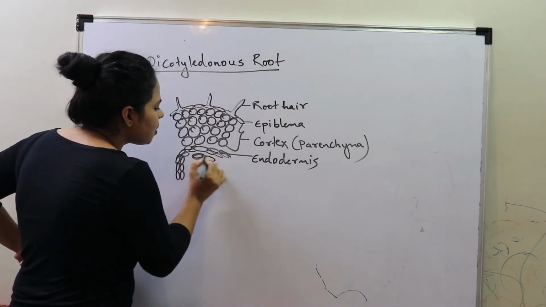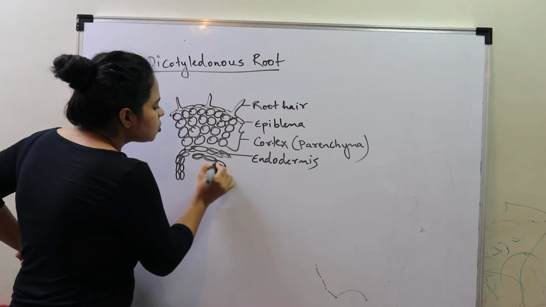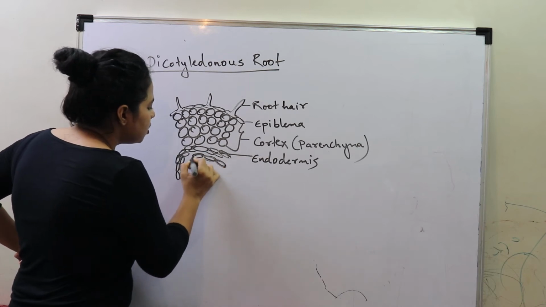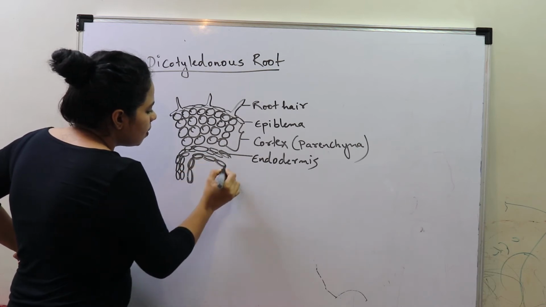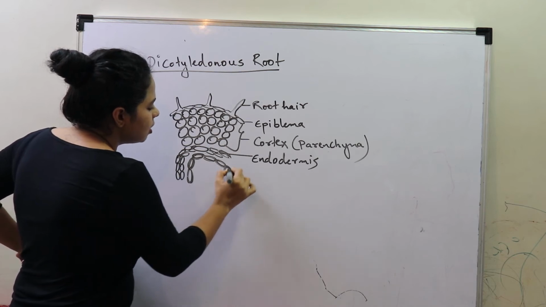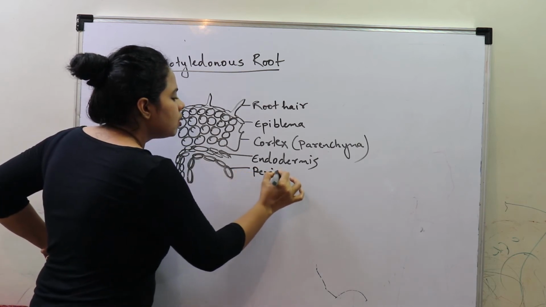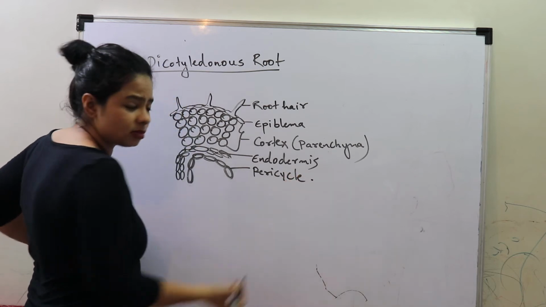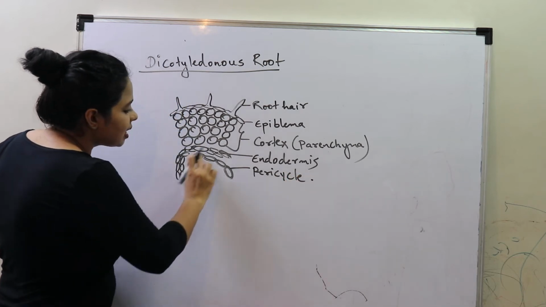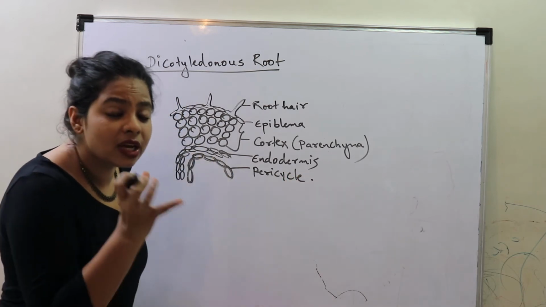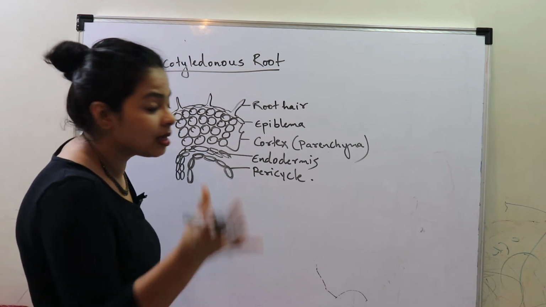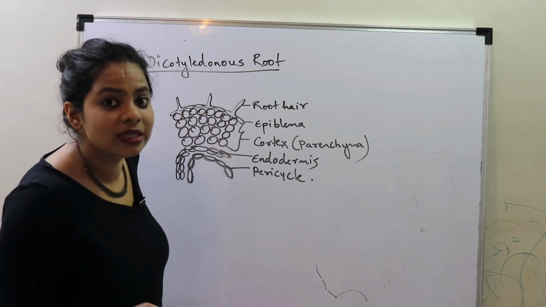This is parenchyma only but thick walled. This is known as your pericycle, which is the single layer of thick walled parenchymatous cells. I hope this is clear.